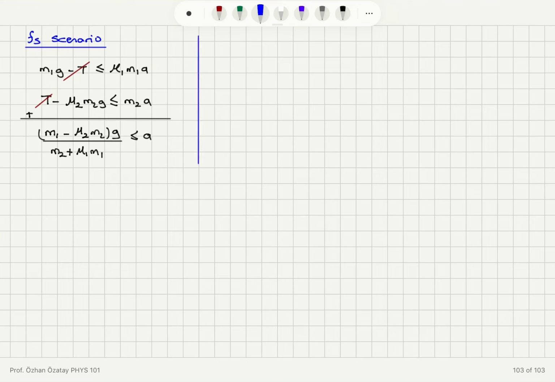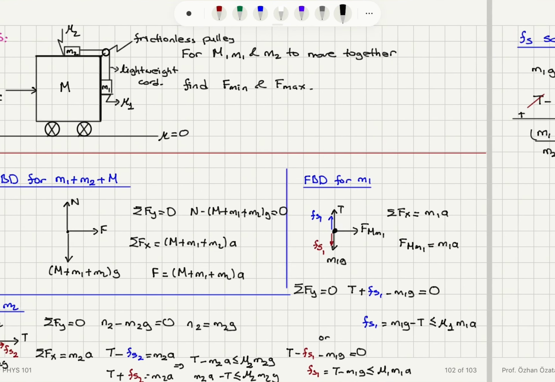Now let's work on the other scenario, the red scenario. For this one, I'm going to have T minus M1G is less or equal to mu1 M1A, and M2A minus T is less or equal to mu2 M2G.